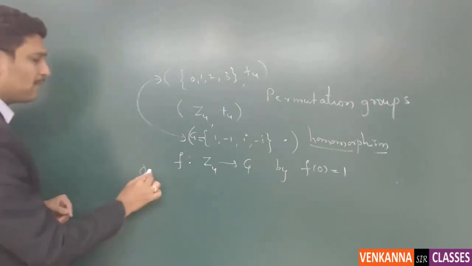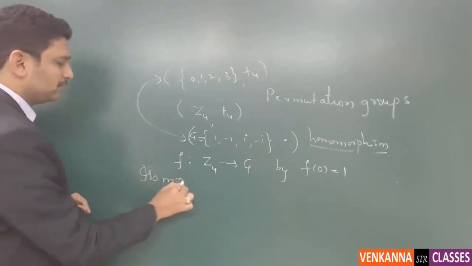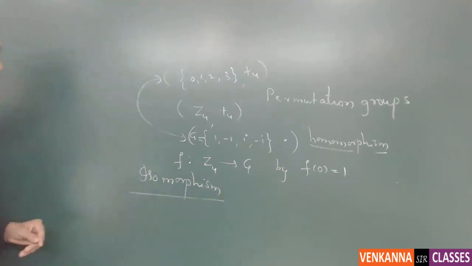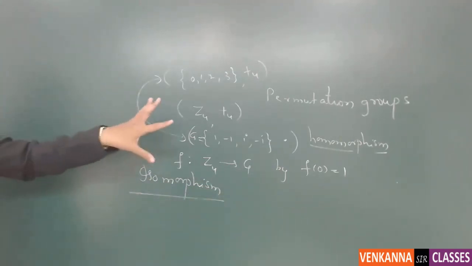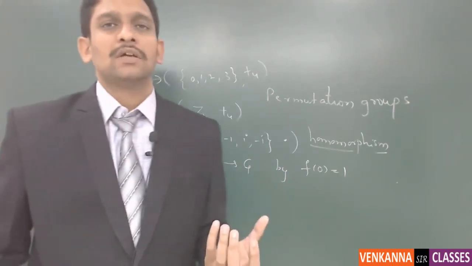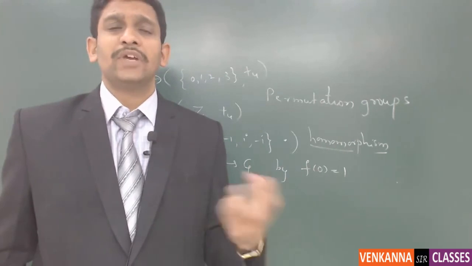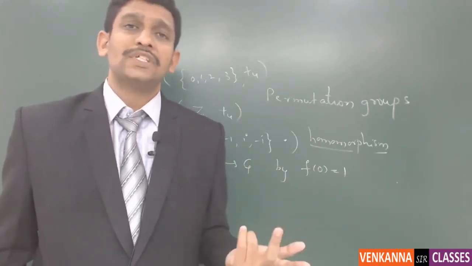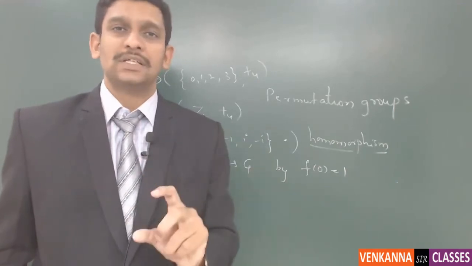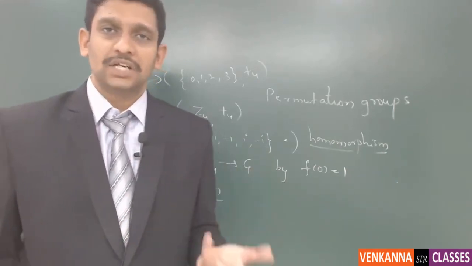So you have paired one element with one element. Since I am going to build an isomorphism, the interesting thing I need to observe is the two sets must have equal number of elements, because I need a bijection. Whenever there is a bijection between two sets, then obviously the number of elements in both sets must be equal. Otherwise you cannot build a bijection, isn't it?